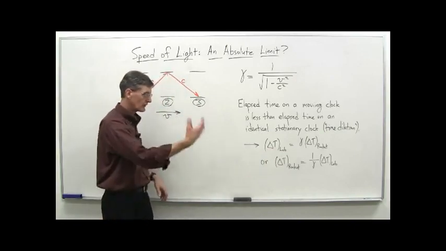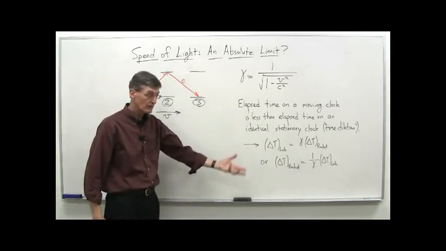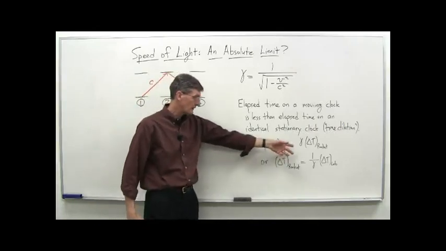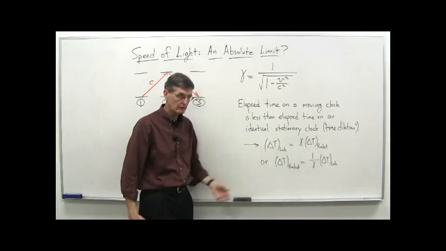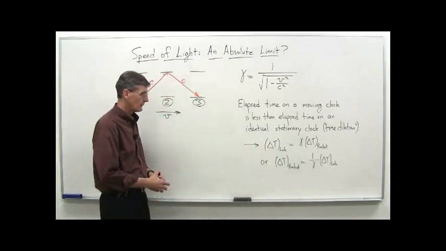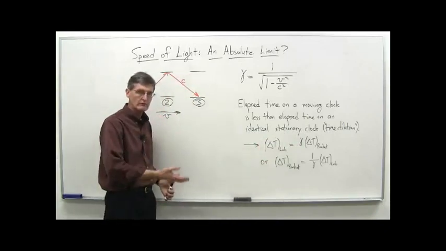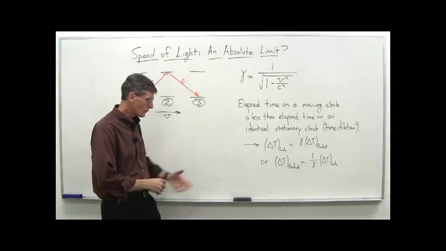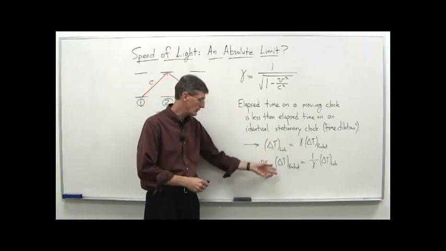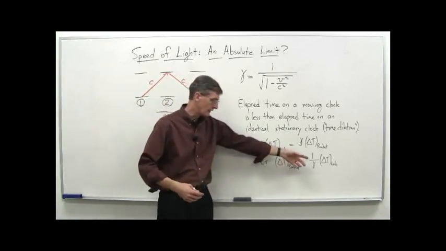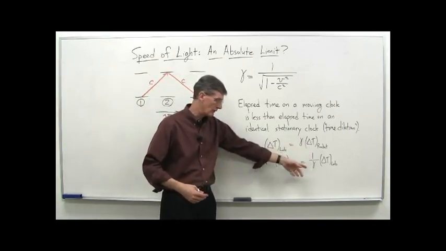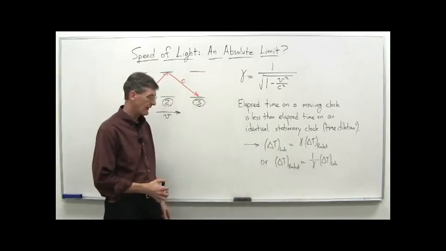So maybe we get 10 ticks on the rocket clock, and the number of ticks on our clock, depending on gamma, might be 20 if gamma was 2. The moving clock would run more slowly. Or to reverse the equation, the elapsed time of the rocket clock is going to be less than the elapsed time on the lab clock by the 1 over gamma factor.